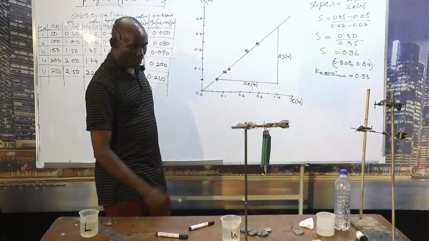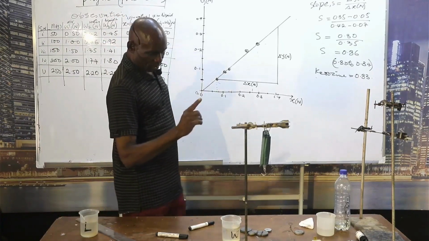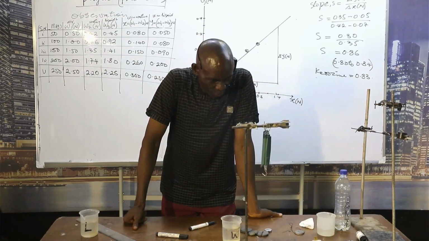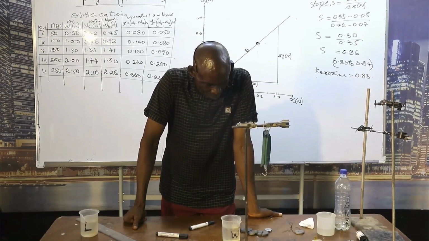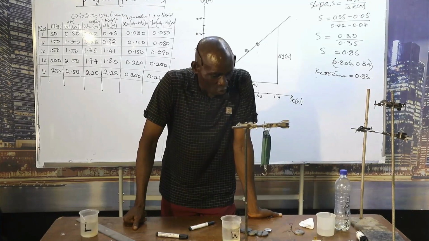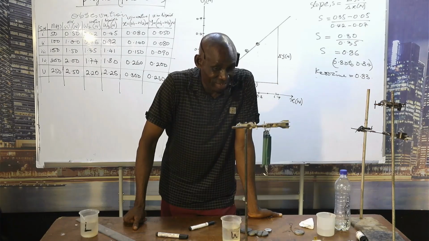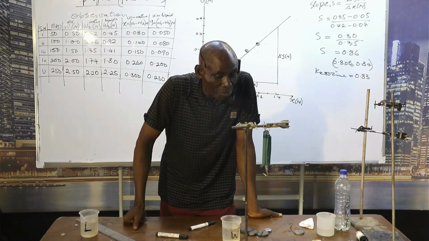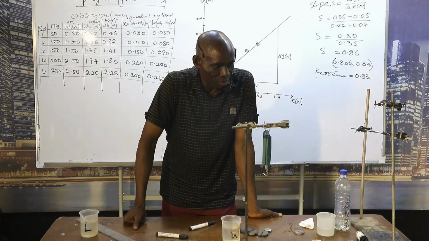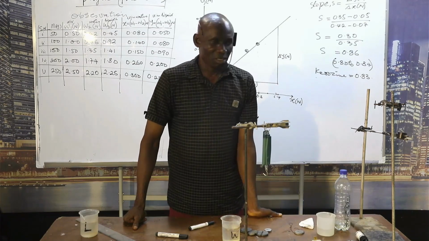And finally now, I took the readings directly from the scale of the spring balance to avoid error due to parallax.